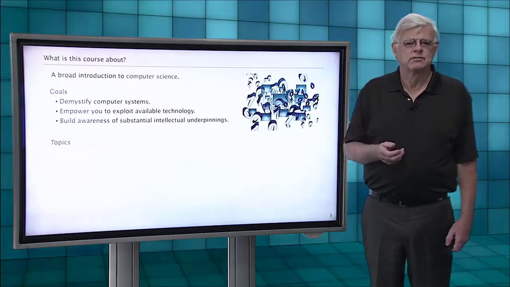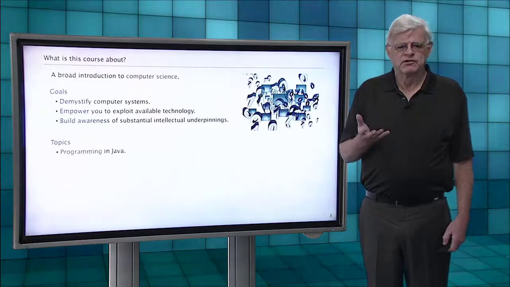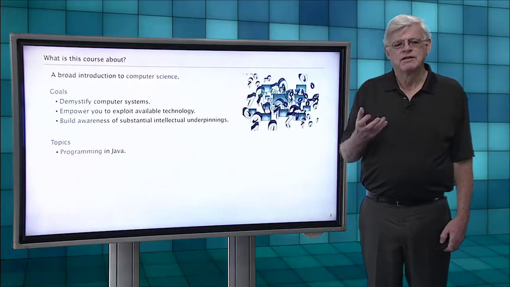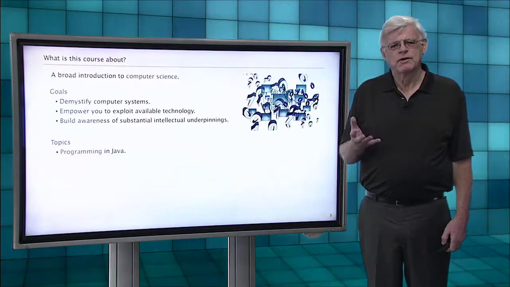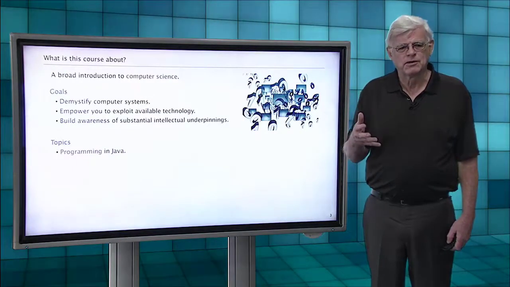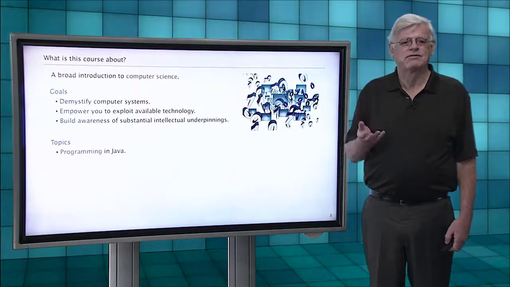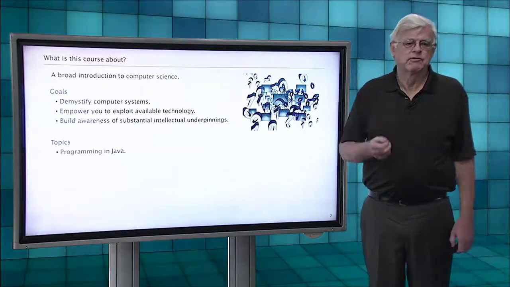So the topics that we're going to consider first of all is programming in Java. In order to really understand what computer science is all about, you need a broad facility in the ability to program in some programming language, and we picked Java.